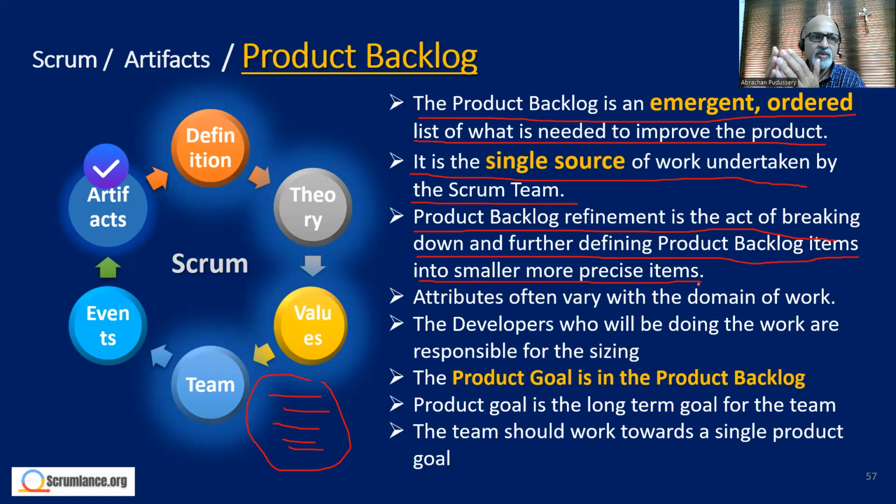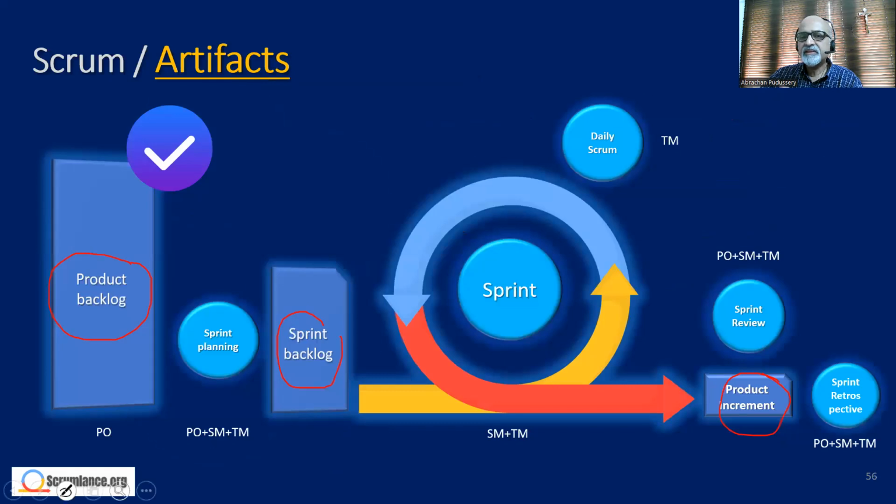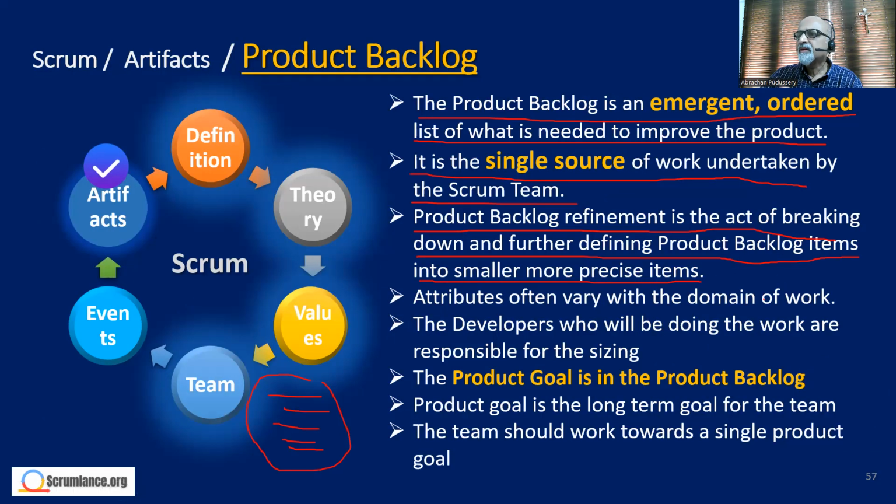Then epics get broken down further into features, and features get broken down into user stories, and stories may get broken down further into activities that need to be performed to really build it. That is a continuous activity which is performed by the product owner, supported by the engineers.